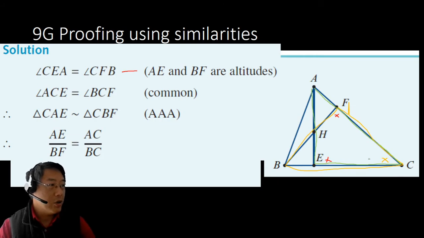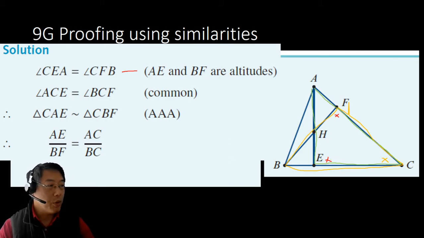So they have the same angle. Basically the green one, if you flip it around, it will match the orange triangle. So what you do is the ratio, so for CBF you use AE over BF is going to be equal to AC over BC, okay?